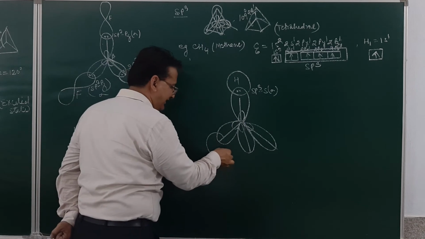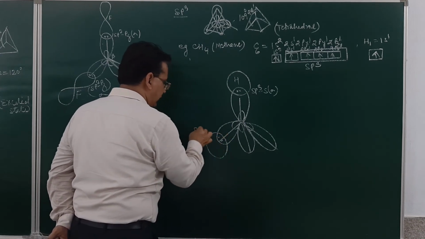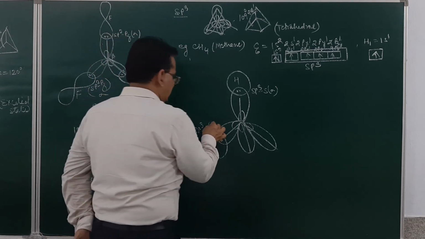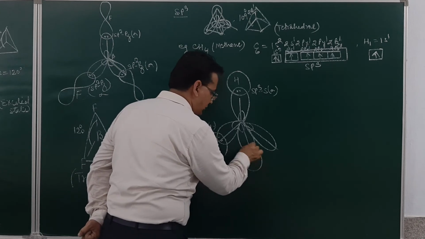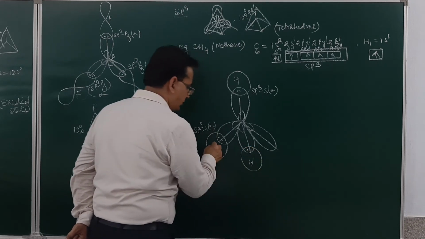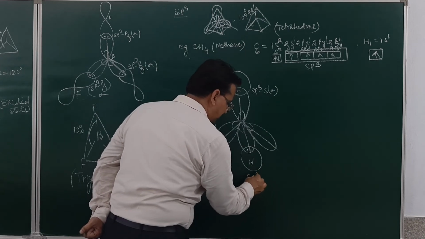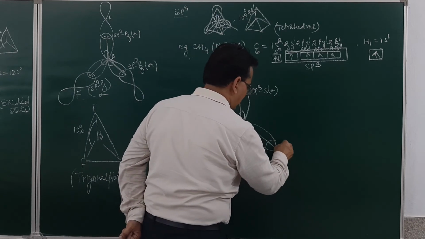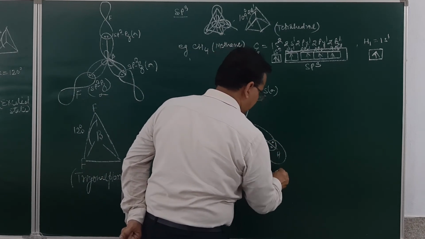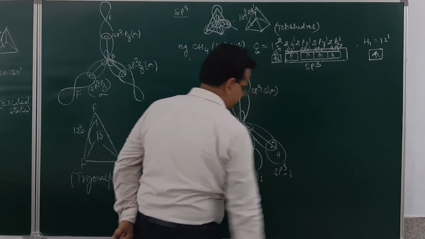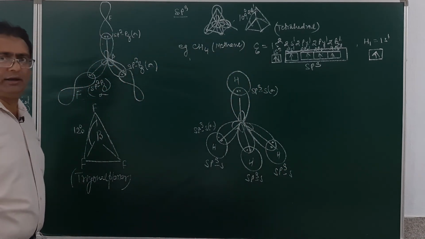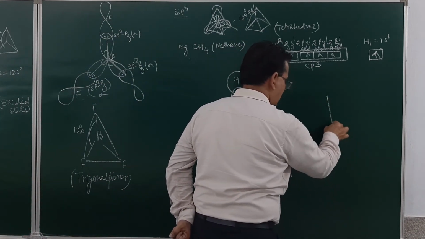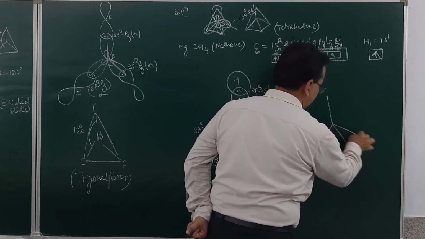Here another will orient itself in this manner. This again will be an sp3-s sigma bond. Is it clear? One will orient with this, this again is H, again sp3-s. And one of the hydrogen atoms will overlap with this one. This is H, this will be sp3-s. Am I clear? So, how does the bond formation take place? This is carbon, hydrogen, hydrogen and hydrogen.